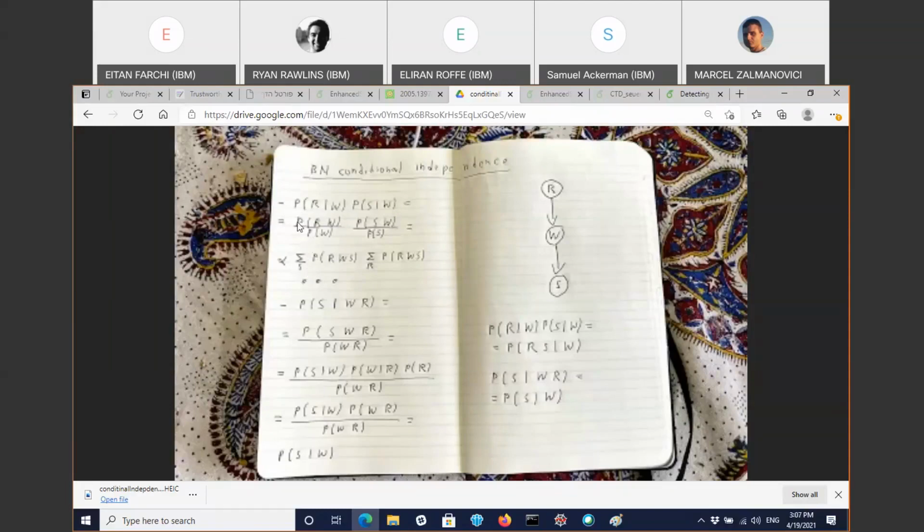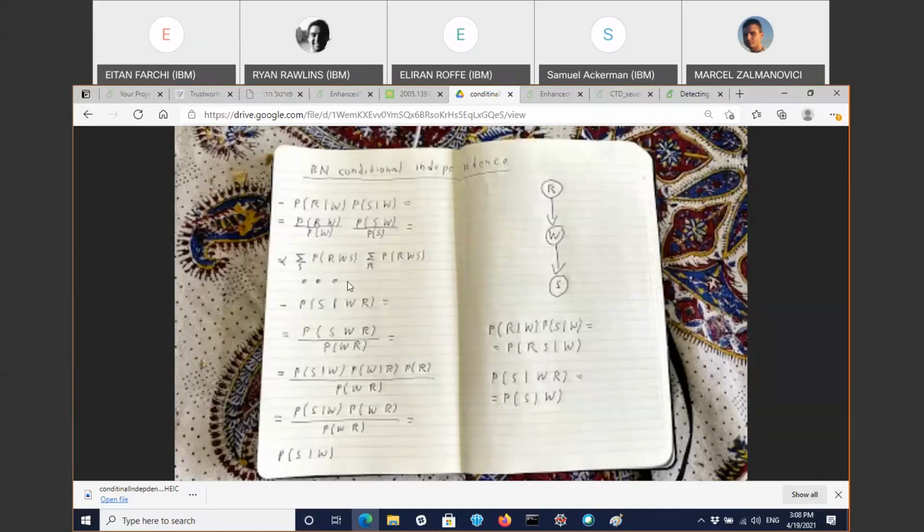So the probability of R and W is the sum over the probability of R, W, and S, given all the possible values of S and so on. And I need to start manipulating these sums to get to my objective, the probability of R and S given W, so that I can get the proof that they are conditionally independent.